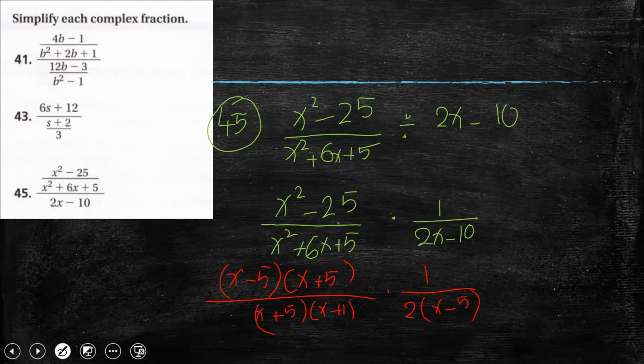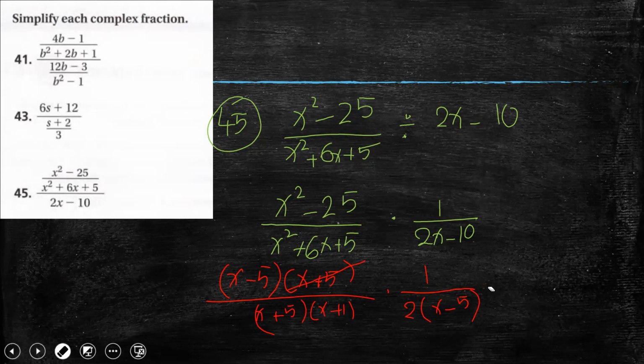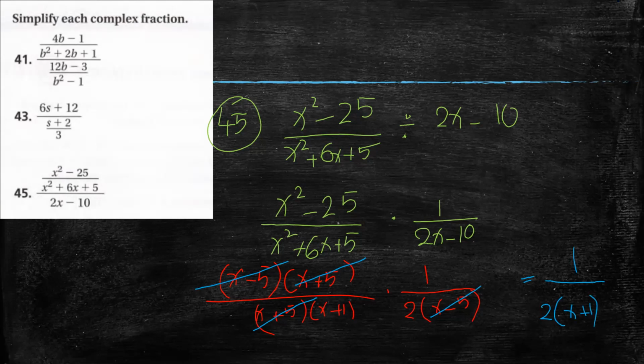Then x minus 5 cancels x minus 5, x plus 5 cancels x plus 5. So I have 1 over 2 times x plus 1. Is it clear?